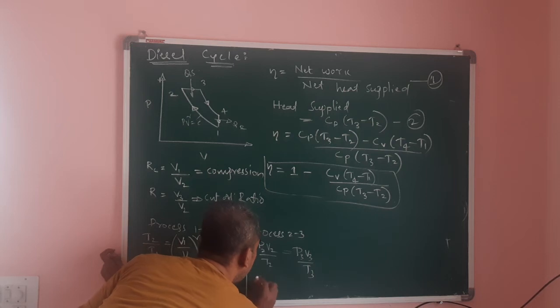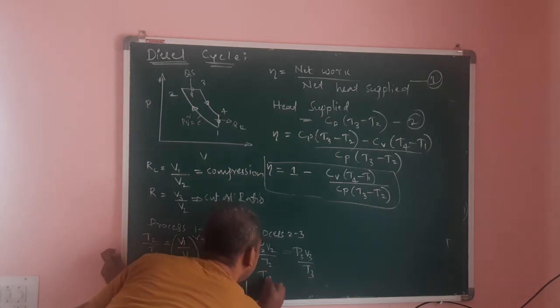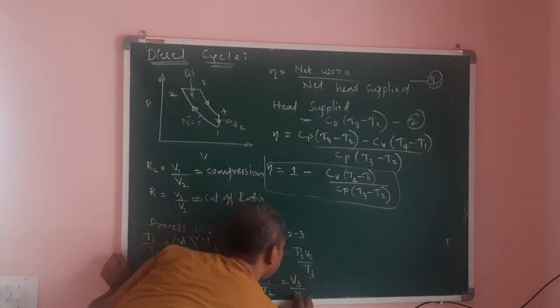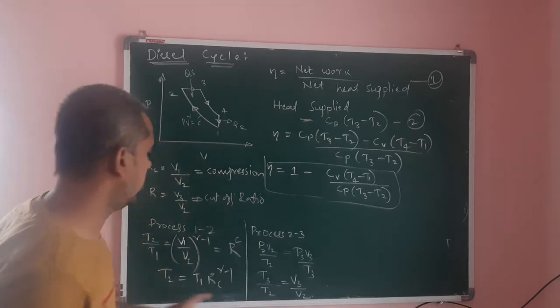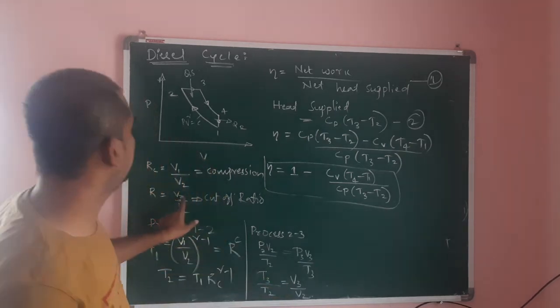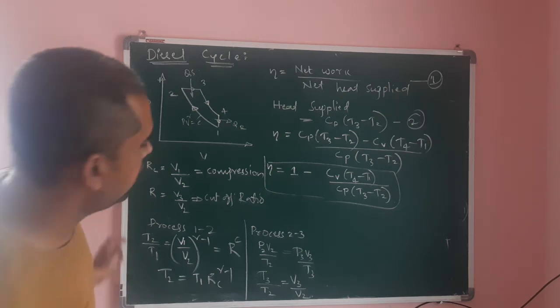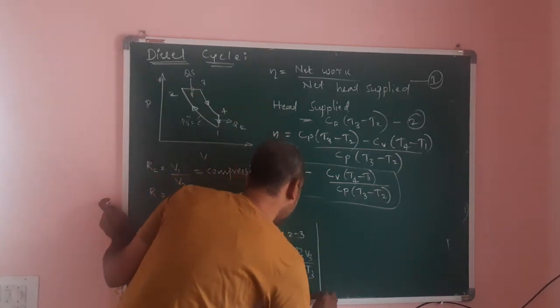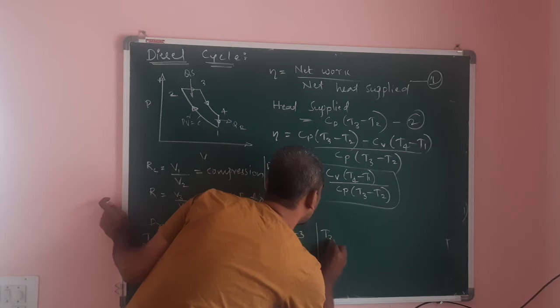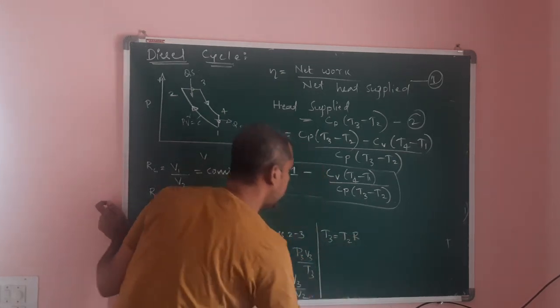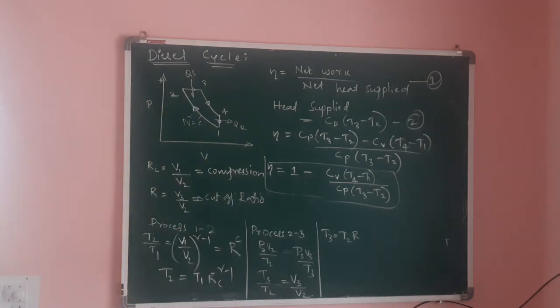We need T3 now. Therefore, I will make it like this: T3 by T2 is equal to P3 by P2. What is this P3 by P2? P3 by P2 is R. Therefore, what I can write? T3 is equal to T2 into R.